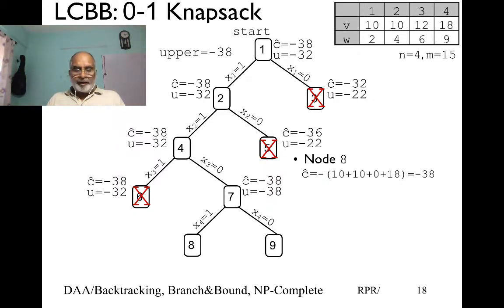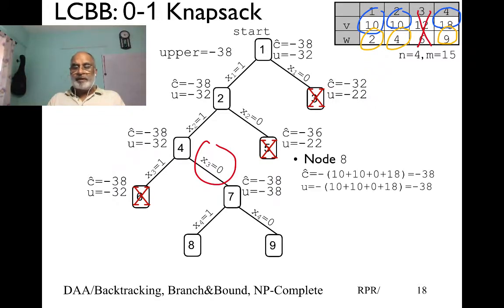For node 8, x3 is equal to 0. That means we are not considering this. So my cost would be, if you look at 10, 10, 18, since my weight is 2 plus 4 plus 9 is 15, I include all the weight equal to knapsack, so I take all the weights and my cost becomes minus 38.